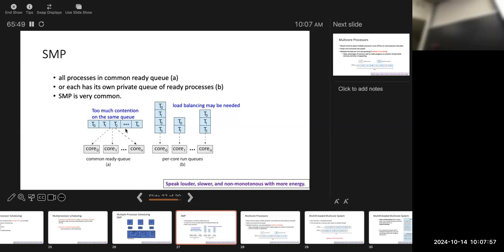Maybe, as shown in this example, there are 4 processes that want to run on core 0 and they are waiting in their ready queue. But core 0 can run only one of them at a time, right? And core 1 has only 2 processes, and core 3, let's say, has only 3 processes waiting, which means that core 0 is overloaded as compared to core 1, right?